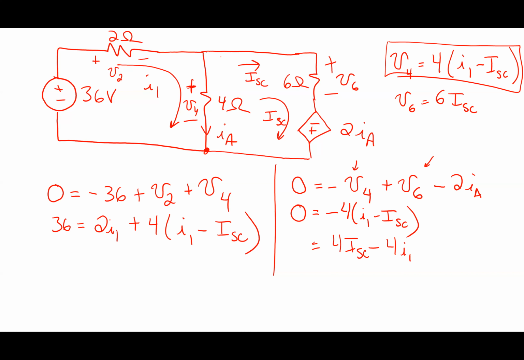All right, let me keep going though. What do I do with V6 there? That one's just plus 6 ISC. And then I have minus 2 IA. So that's minus 2 times IA. What is IA?